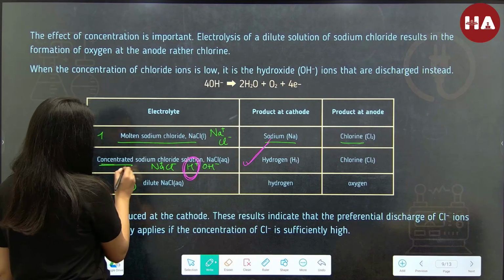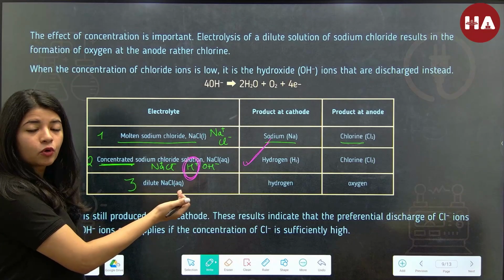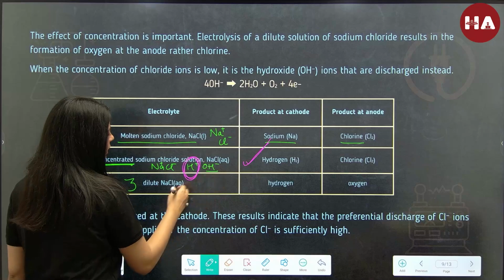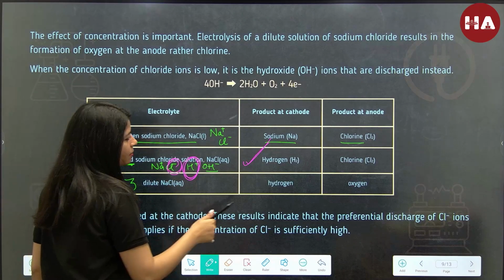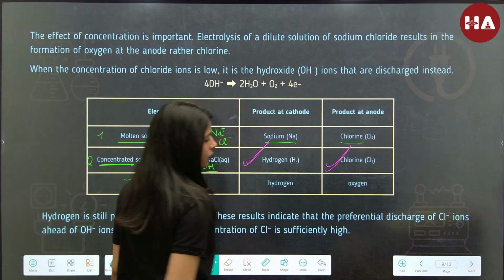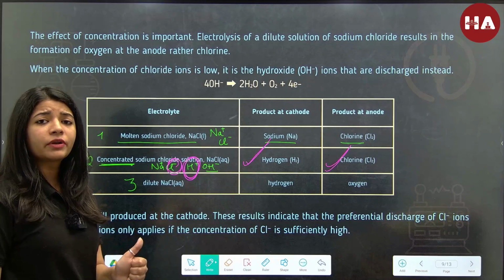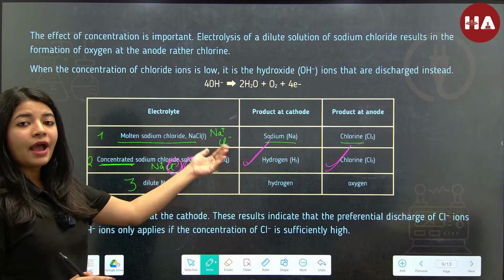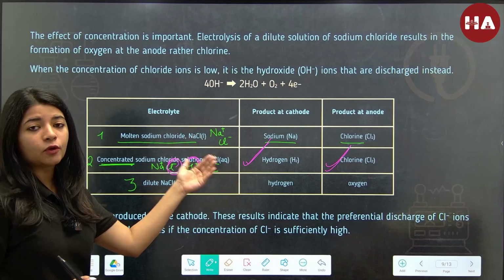In this case, because they are saying concentrated sodium chloride, it means chloride ions are greater in number than OH minus. Hence, chlorine gas will be present at the anode. I hope this is clear. Concentration plays a very important role in determining what will actually be present at a particular electrode.